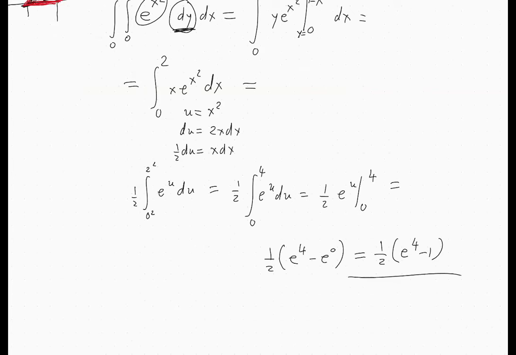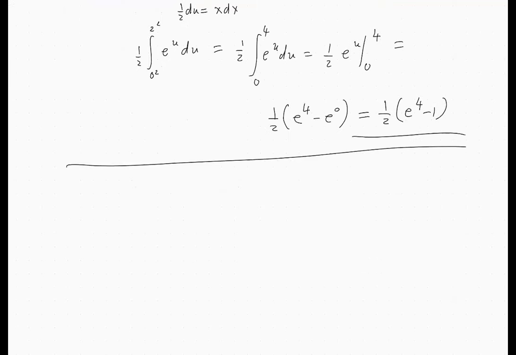Okay. And let's solve one more problem, problem number 8. And here what we want to do is use integration in polar coordinates in order to compute the double integral of xy dA over the domain D, where D is, let's see if we can draw this. It's the part of the disk of radius 2 centered at the origin.